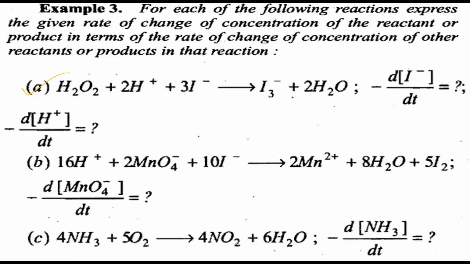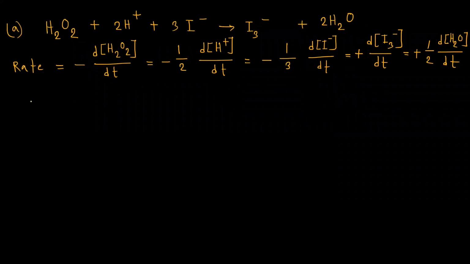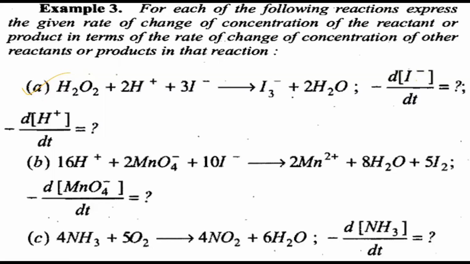So we have to find out negative sign dI minus upon dt and negative sign dH plus upon dt. So if we multiply every term in this rate expression by 3, then we will find negative sign of dI minus upon dt.